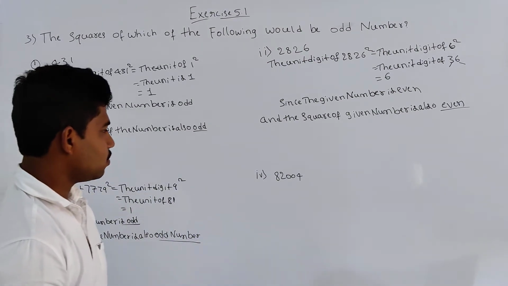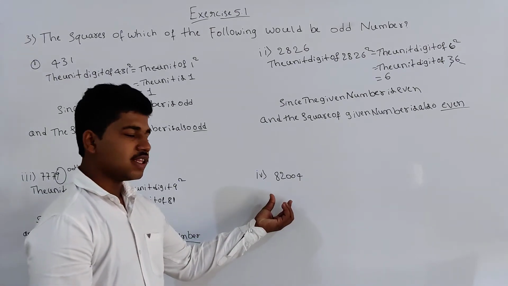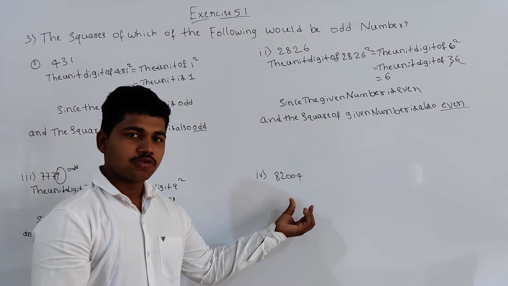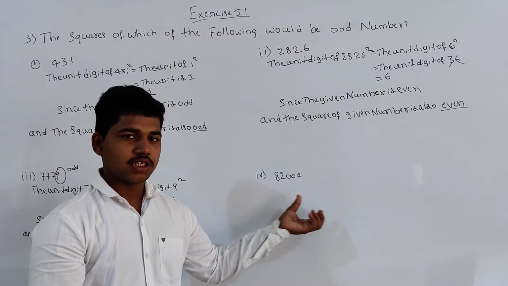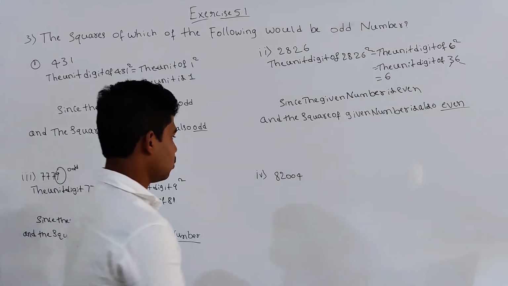Coming to the last one, 28,004. By seeing the number 28,004, we can understand that the unit place has 4. 4 is an even number.